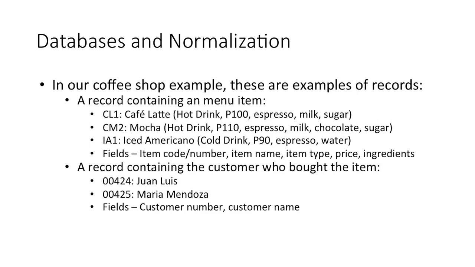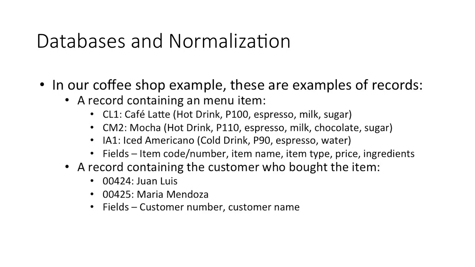A record containing a menu item: CL1, cafe latte, hot drink, 100 pesos, espresso, milk, sugar; CM2, mocha, hot drink, 110 pesos, espresso, milk, chocolate, sugar; IA1, iced Americano, cold drink, 90 pesos, espresso and water.